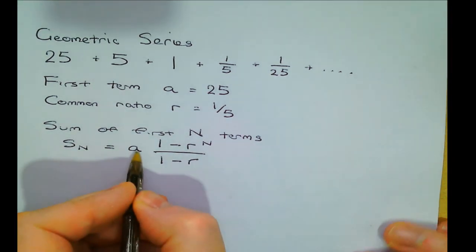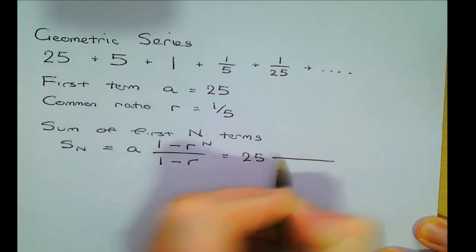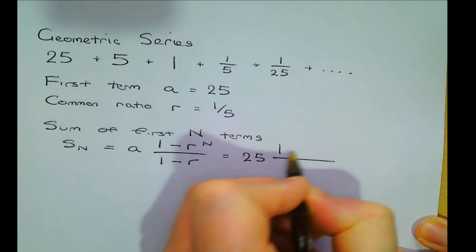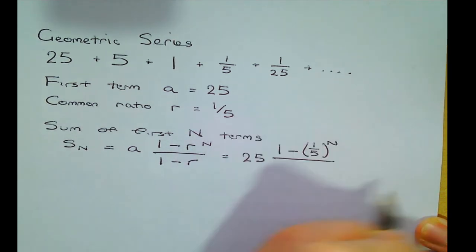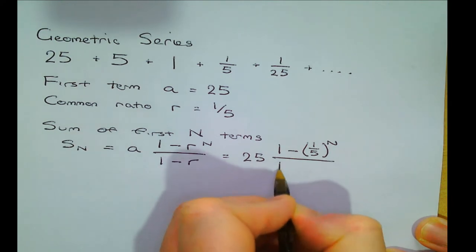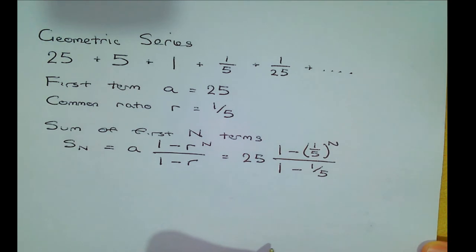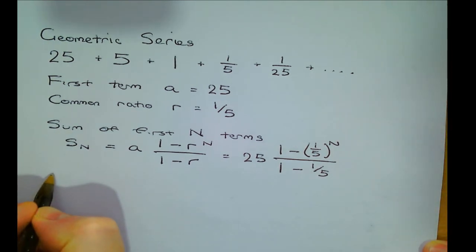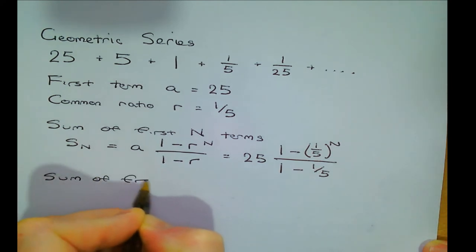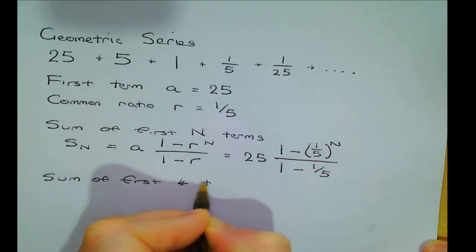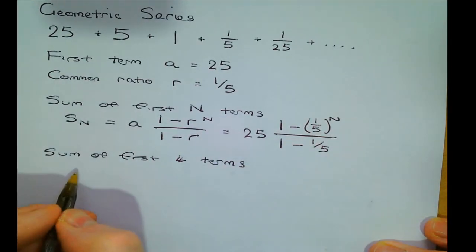In terms of the numbers here, we have 25 times 1 minus 1/5 to the power n, over 1 minus 1/5. So we deal firstly with the sum of the first 4 terms. Put n equals 4 into here.